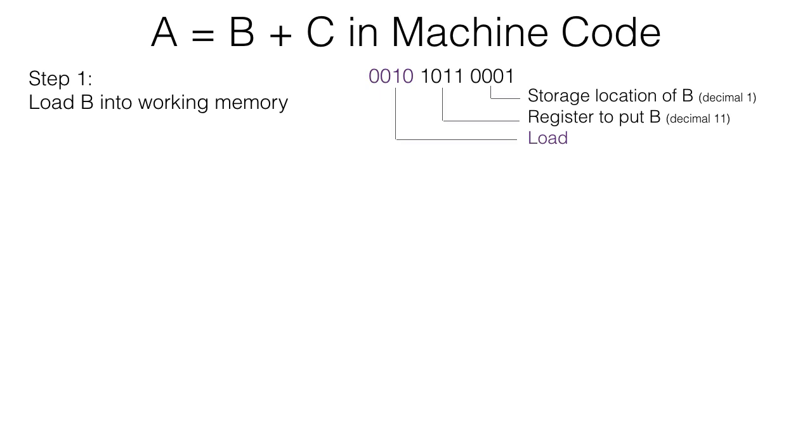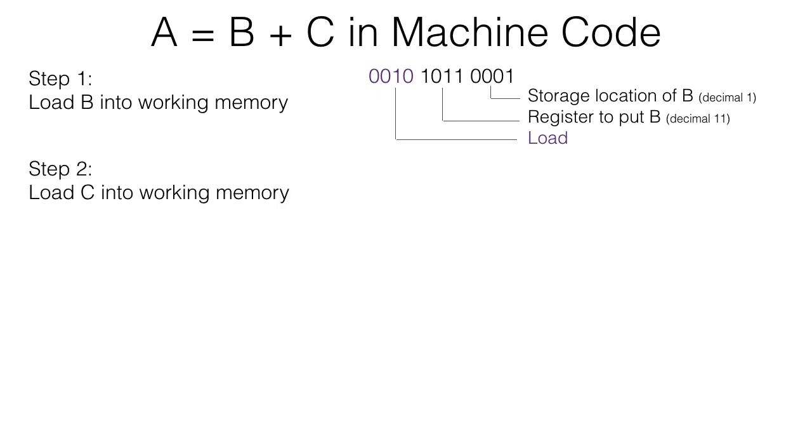We're going to tell the CPU we're going to do a load, and you're going to pull it from that storage location, that address, which here we have as decimal 1. Again, don't get lost on the conversion from decimal 1 to binary. And we're going to put it into the working memory, the register address, which we're saying here is decimal 11.